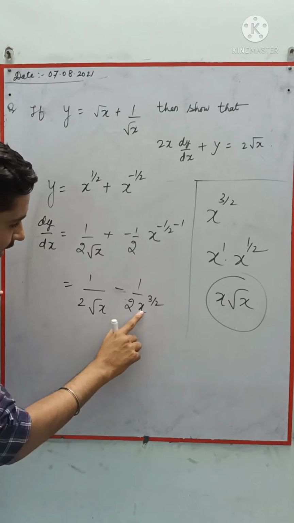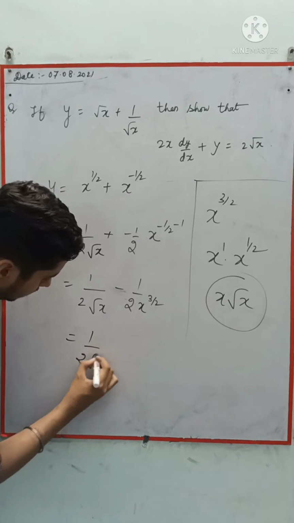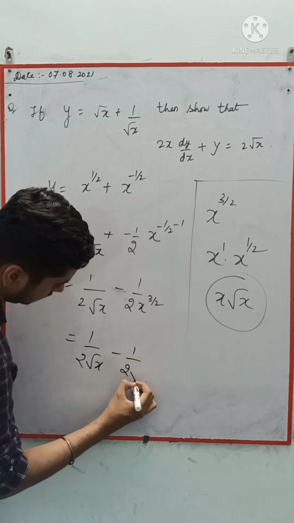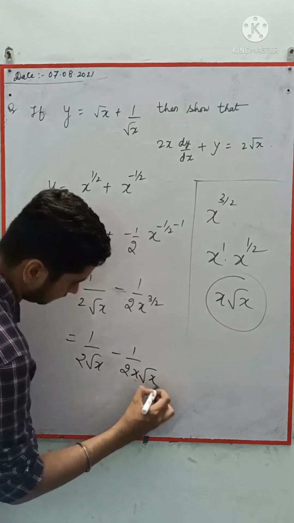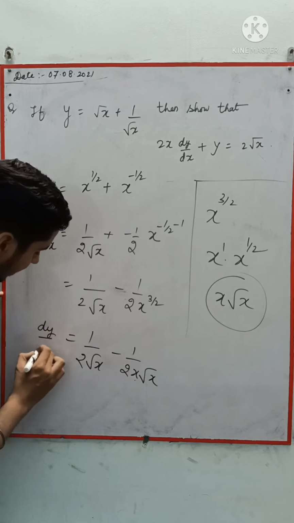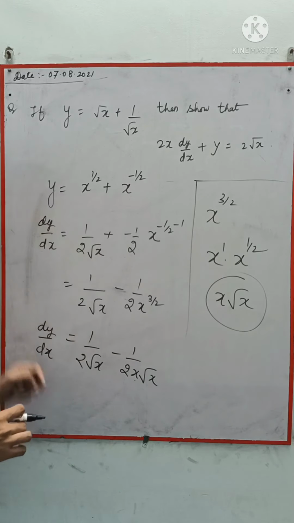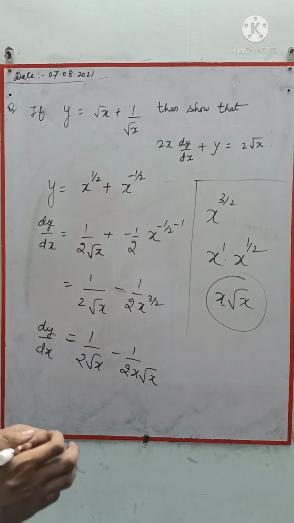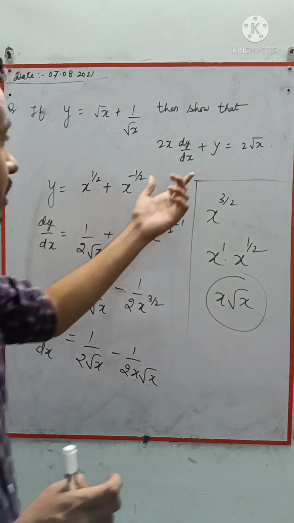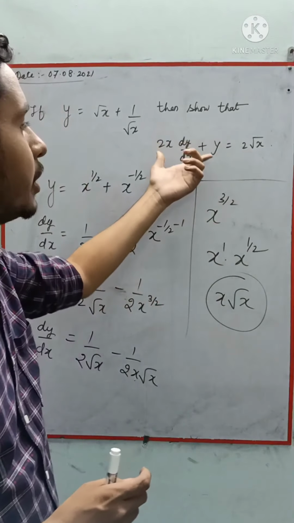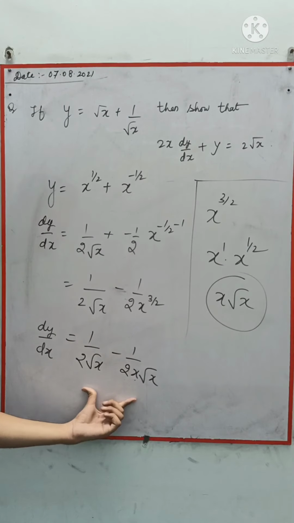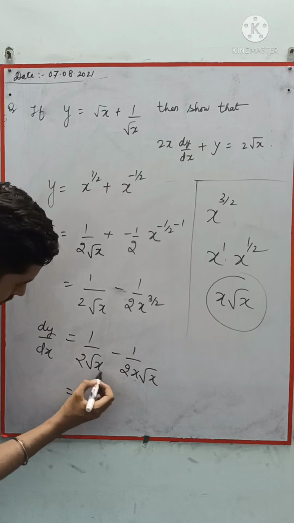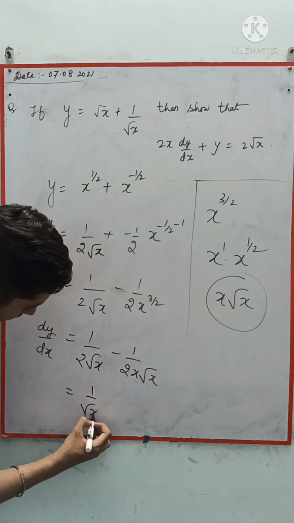So shall I write this as 1 upon x root x, okay? And here you have dy/dx. Now what we can do in the proof, you take LHS. We have dy/dx with us. Or you can just do one more thing, take 1 upon root x common.